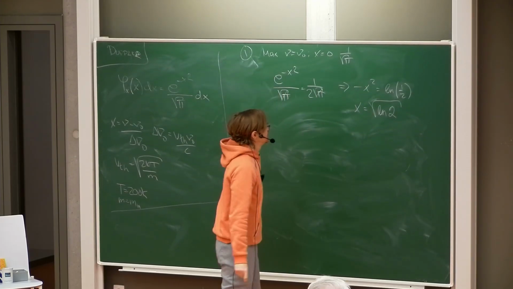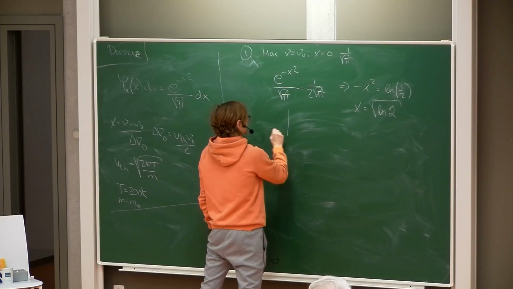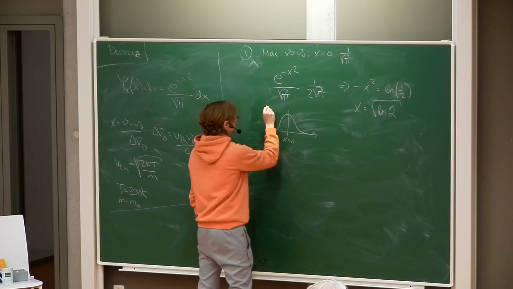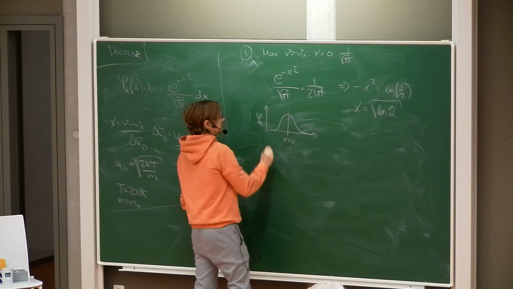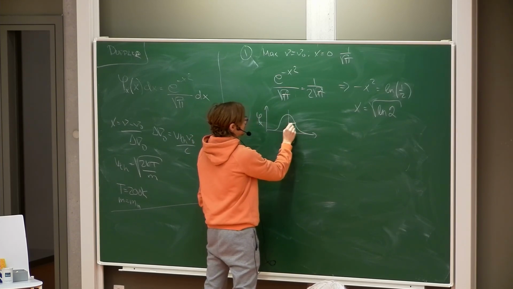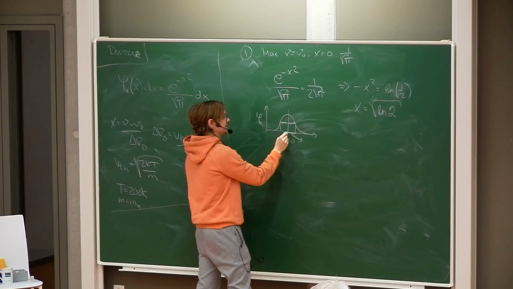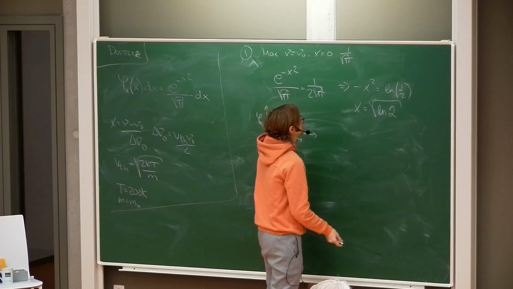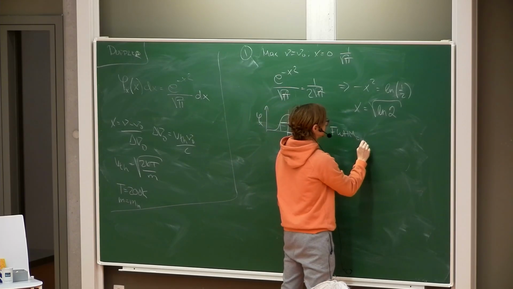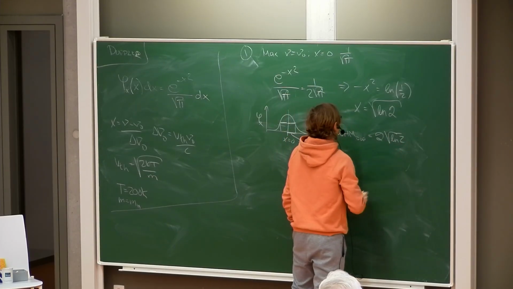Okay? That was half. So now we have computed the half width at half maximum in x space. But we wanted the full width, so we multiply this by 2 because it's symmetric. So the full width at half maximum for the Doppler line is 2 square root of ln 2 in x space.